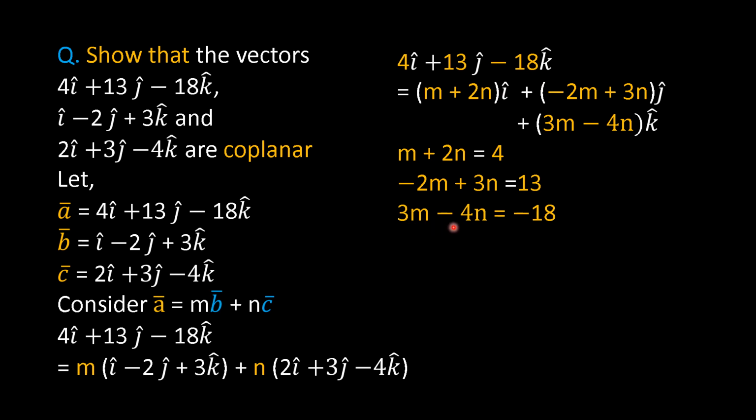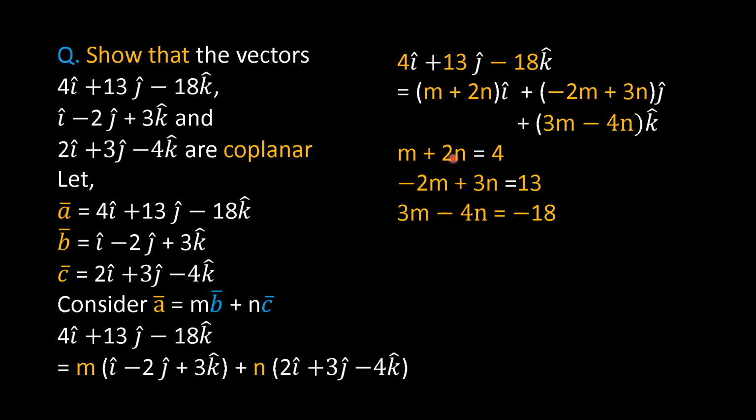So these are linear equations in variables m and n. We can find the values of m and n from any two of these three equations, and those values of m and n we will substitute in the third equation and check if those values of m and n are satisfied by the third equation.